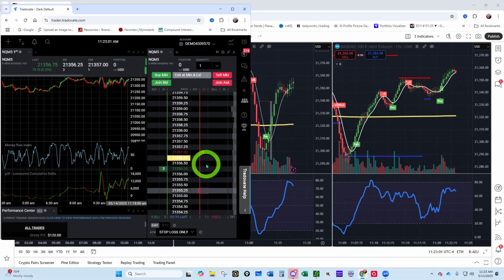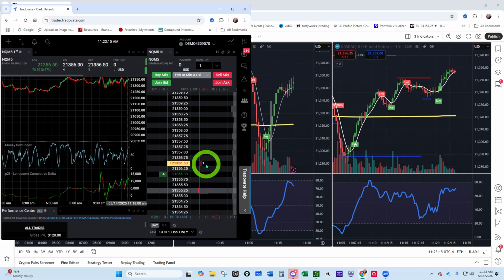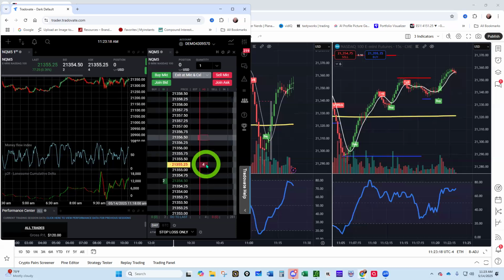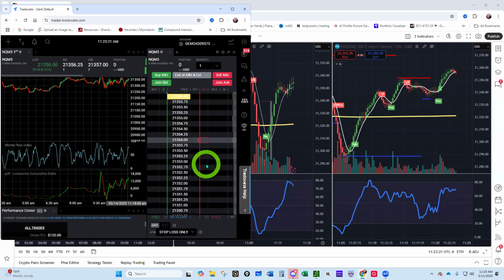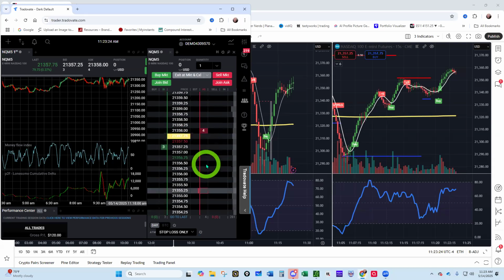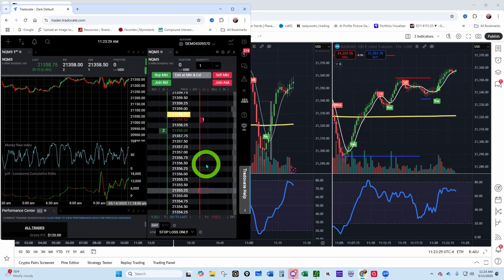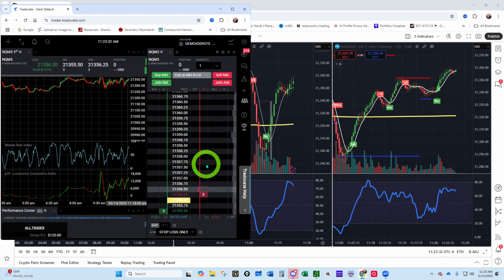Would have been a net even trade. You'd have been up $100. Yeah, but I'd have been sweating.